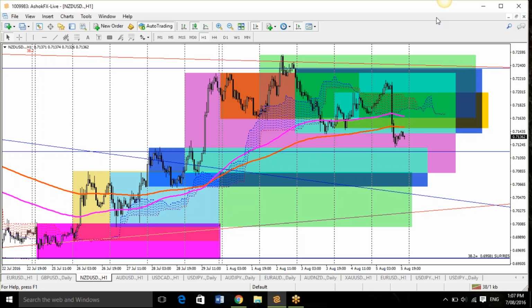These countries haven't decreased rates in so many years, and this is the first time they decreased the rate in order to respond to slow economic movement in the world. So in New Zealand US dollars, we can see on the NFP day, it was very hardly blown away to the downside.